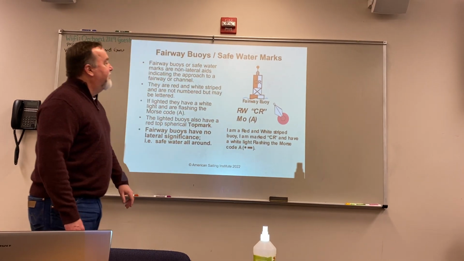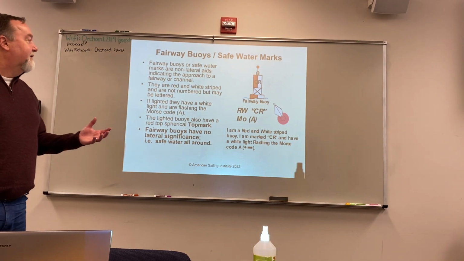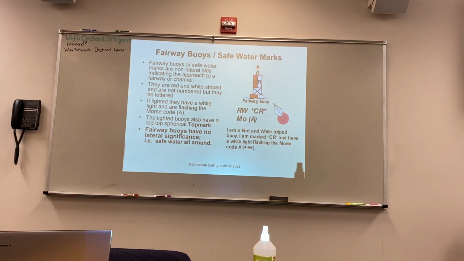And this one is named RWCR, RW because red and white, and it says MO(A), which in this case means Morse code letter A, which is dot dash, and it will do that at an interval of just a couple seconds, but there'll be enough of a space to show you that it's sending the Morse code letter alpha.